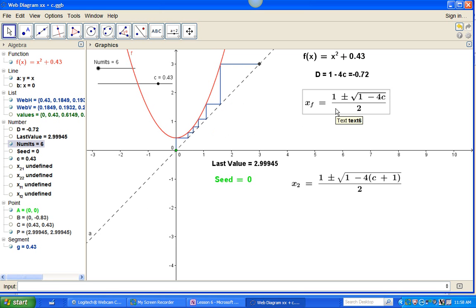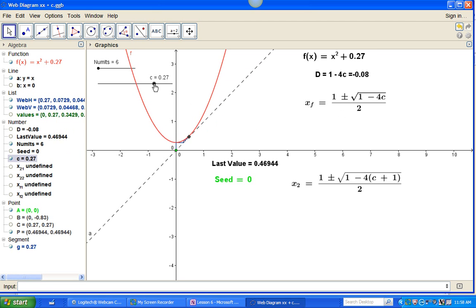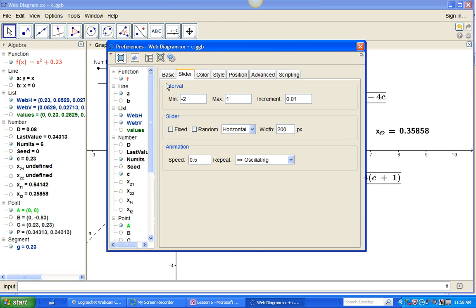Here's our equation for the fixed point over here on the right. We'll notice d, which is the discriminant, the value under the radical, is negative, and that's why we don't have an intersection. We get an intersection as we drop c down to 0.25, and then right at 0.25 we have our intersection.